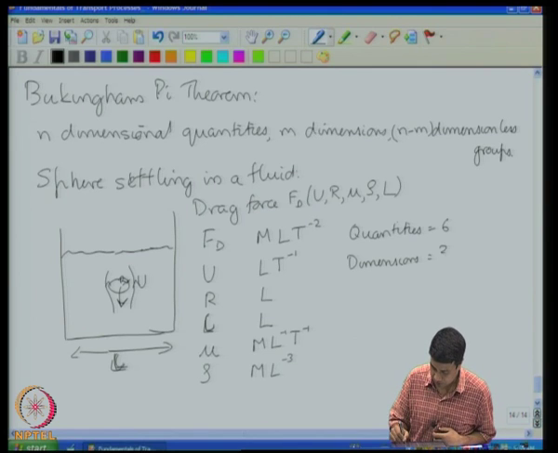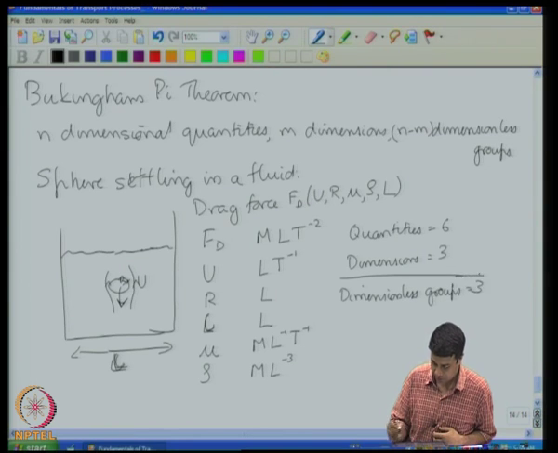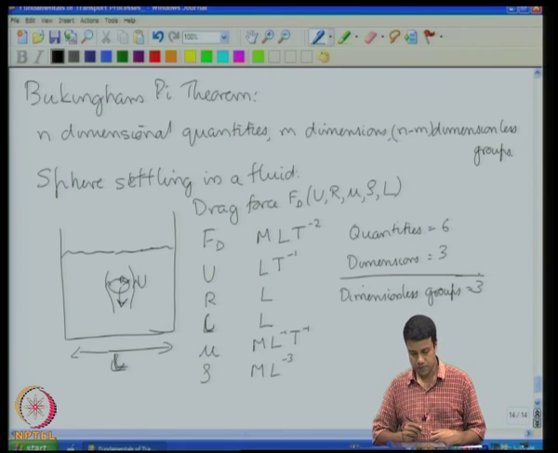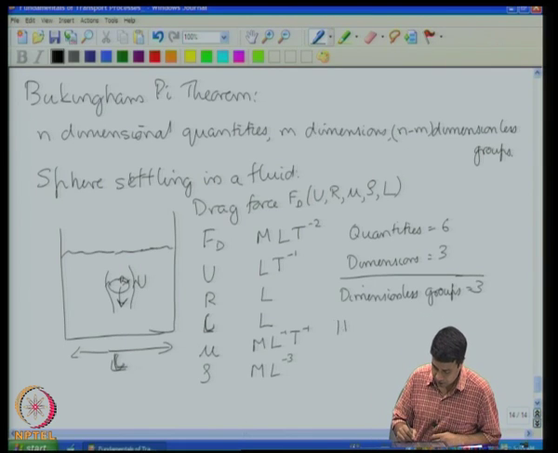So this is equal to 3, which means the number of dimensionless groups is equal to 3. We will call them, as is conventional, pi 1, pi 2, pi 3.